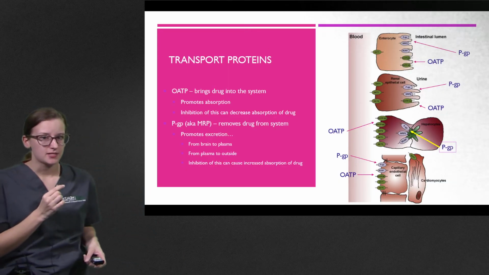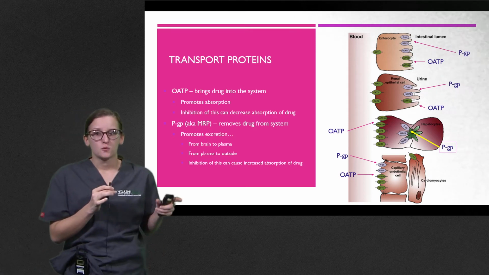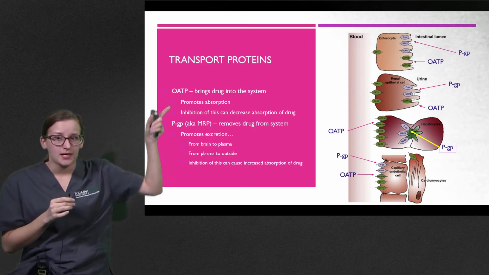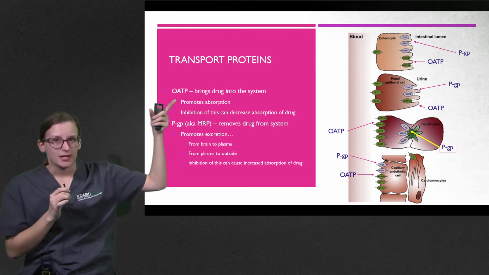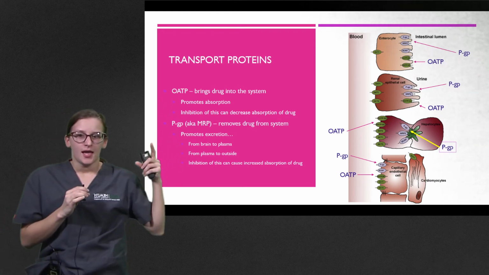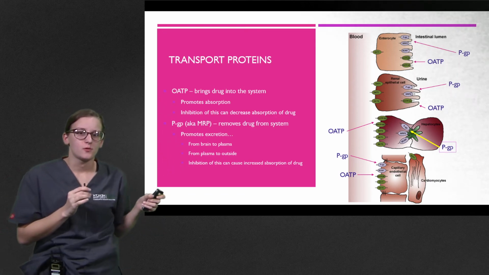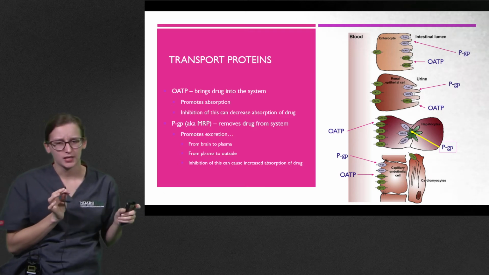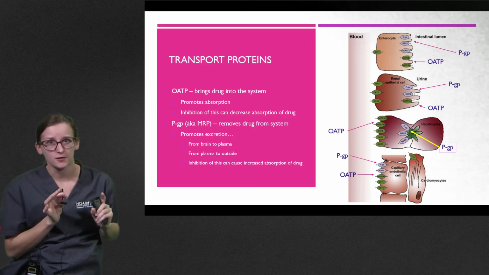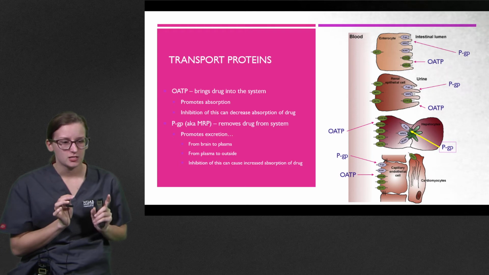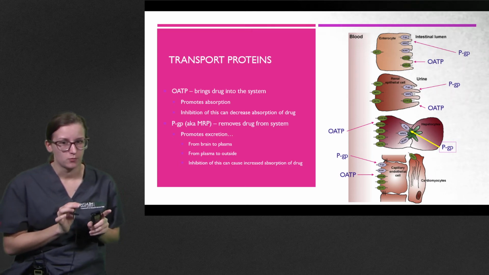Transport proteins, I brought this up a little earlier, but we've got two big ones. I just want you to remember OATP and PGP. One pushes drug in, the other pushes it out. And this is generally true for all of them. The one tricky thing about these two, you don't need to know it for this block, but I believe you need to know it in the future at some point.